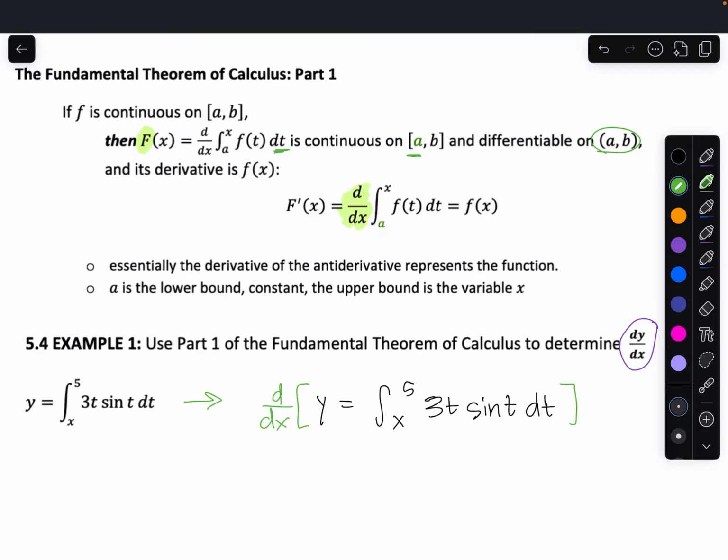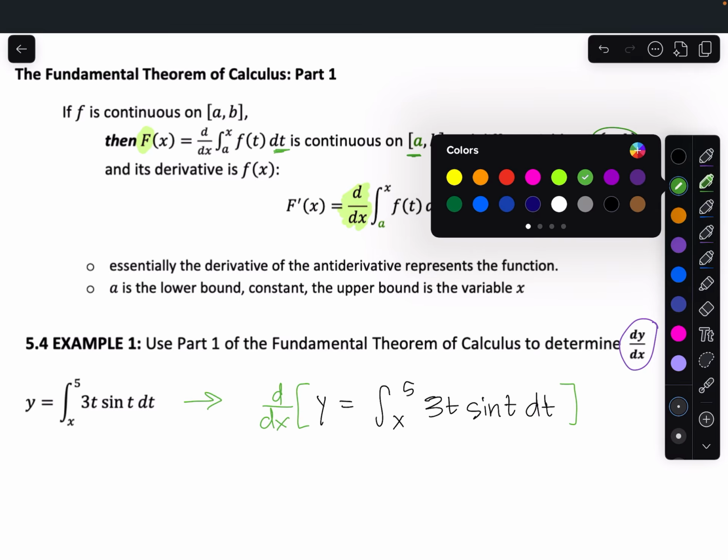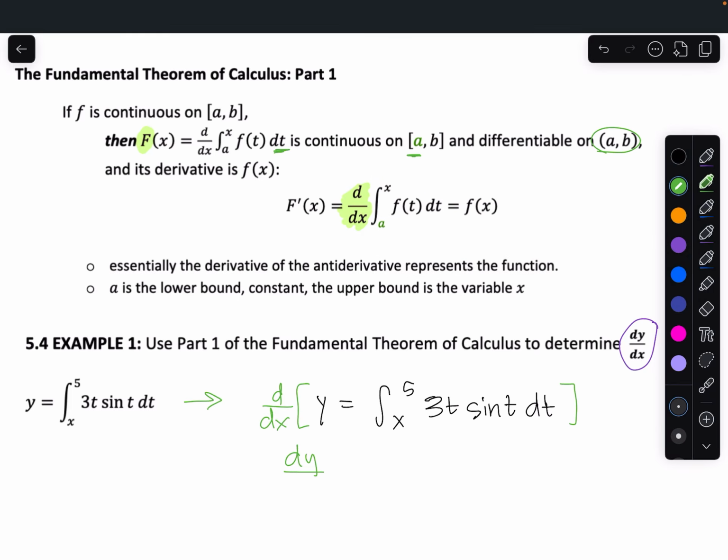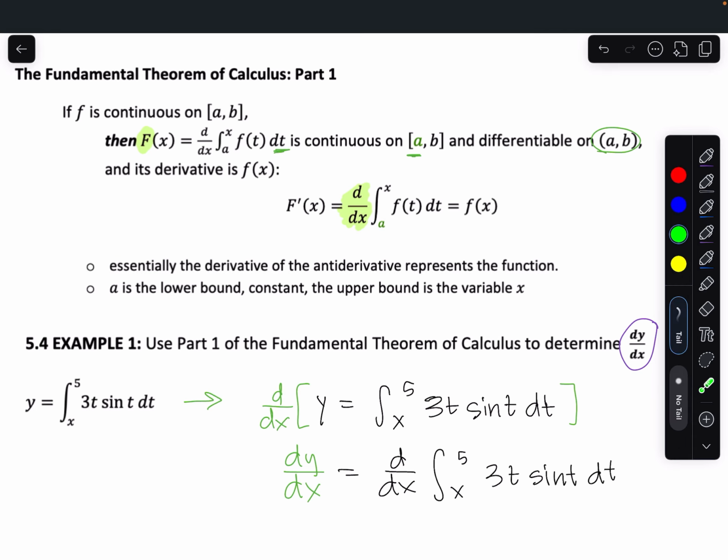So on the left side, that becomes dy dx. And then on the right, I have d dx of the integral from x to 5 of 3t sine of t dt. So now I ask you again, does this look exactly like what we have up there?